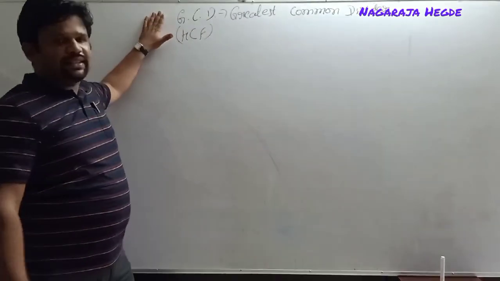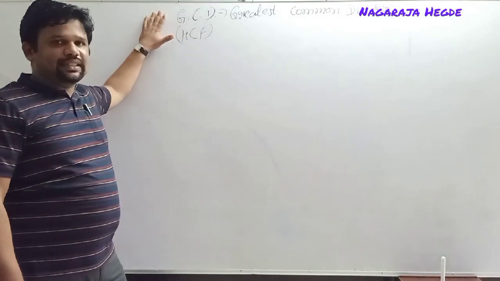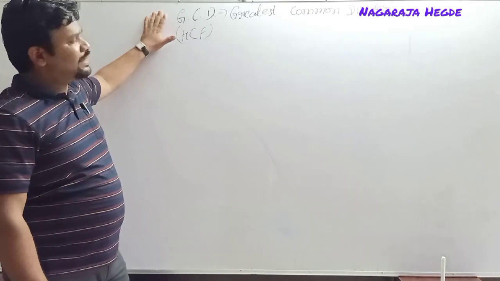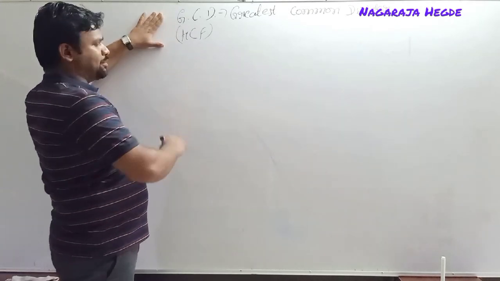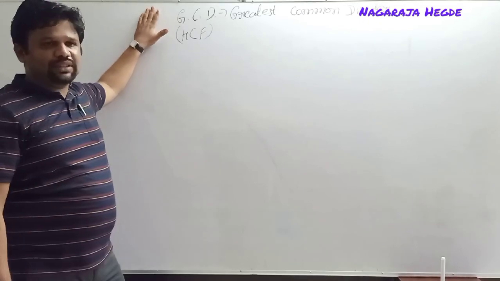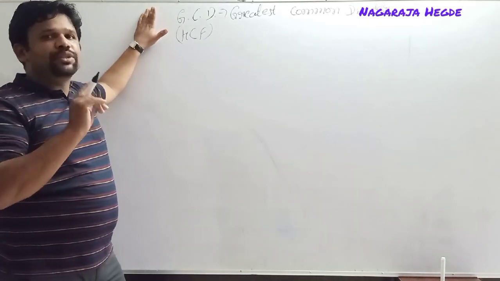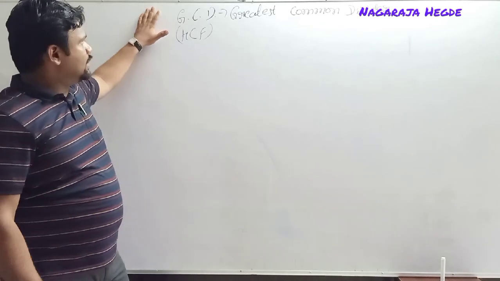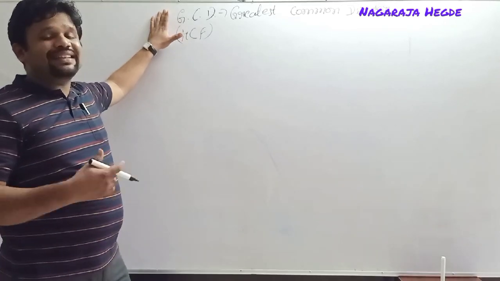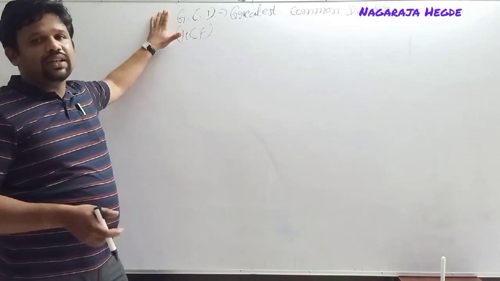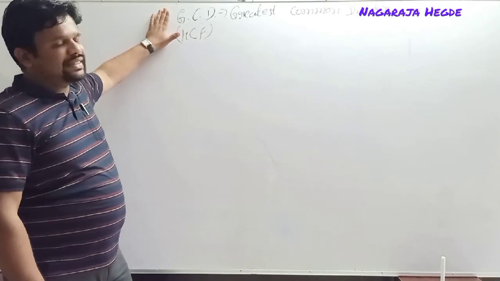GCD or HCF is nothing but the highest number which divides both the numbers. GCD of any two numbers is nothing but the highest number which divides both the numbers. That means find the factors and then take the highest factor. That is called the GCD.